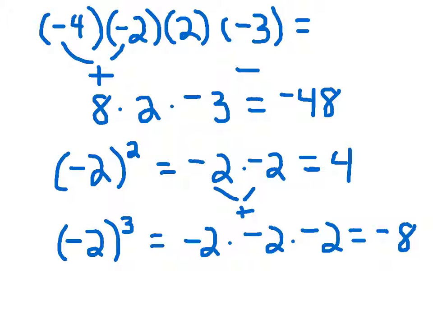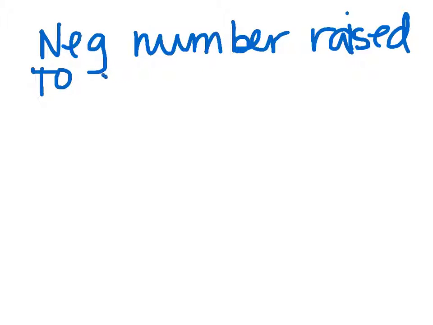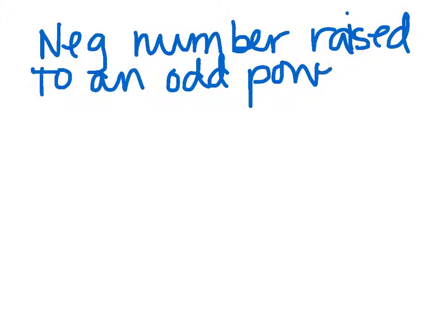What I know from this is a negative number raised to an odd power equals a negative, for the same reason of counting all the negative signs: an odd number of negative signs gives me a negative number.